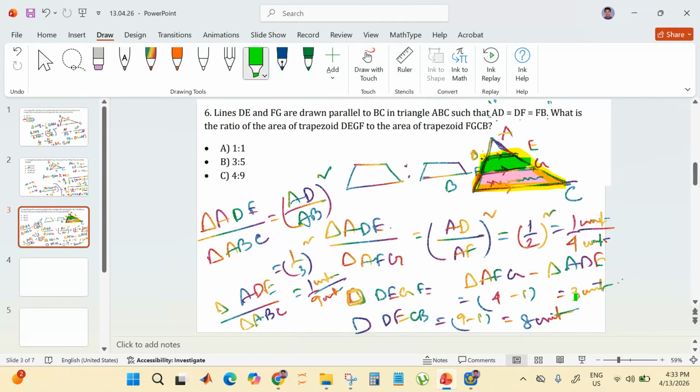So just subtract, it will be 5 units. So the pink color part is 5 units, and this green color part already we have, 3 units. The ratio between these two will be 3 is to 5. Option B will be the correct answer.